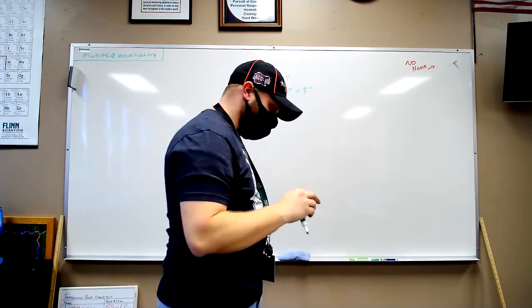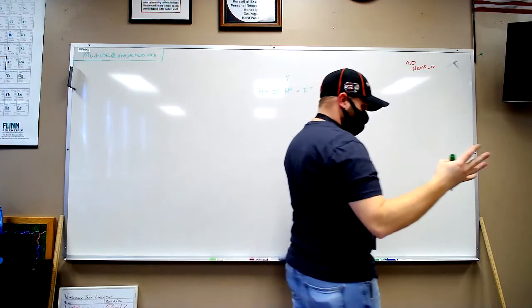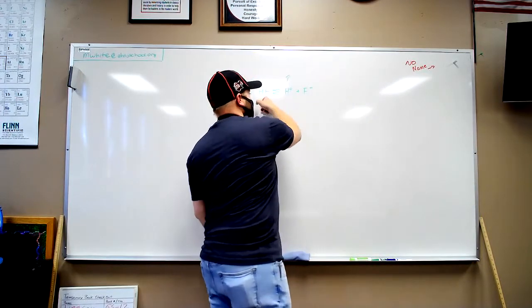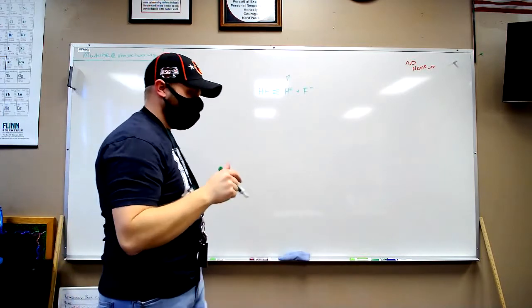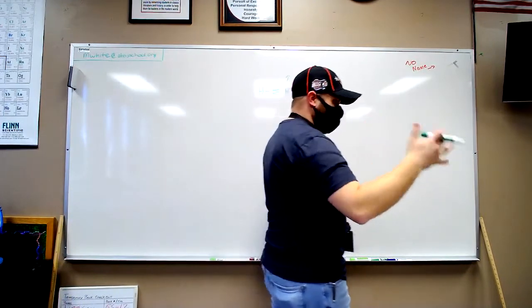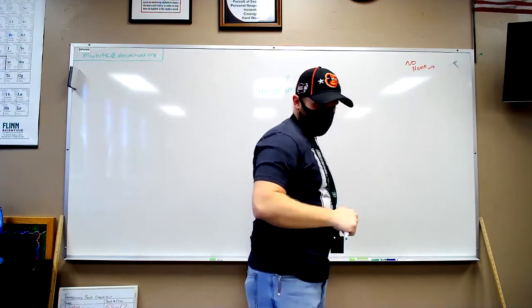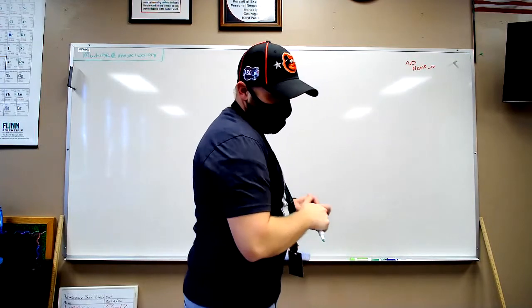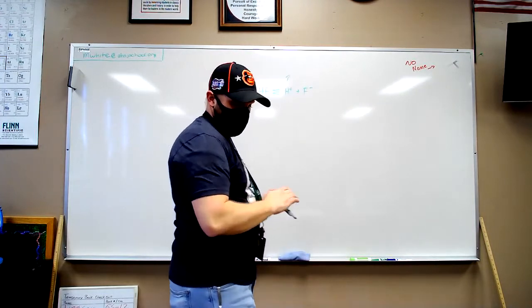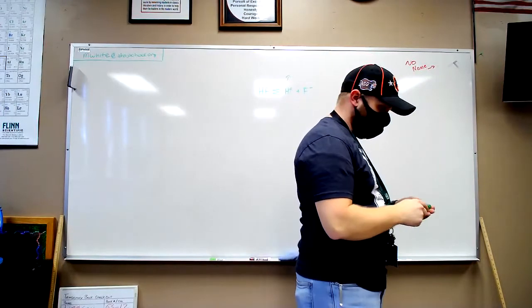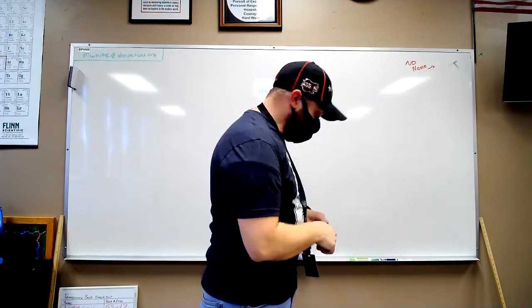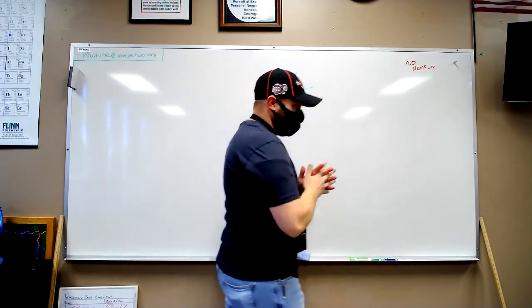You can also have buffers that, instead of using an acid, use a base. Same thing, except that buffer is going to work in the base range. So buffers basically are there to keep things in a specific pH range.